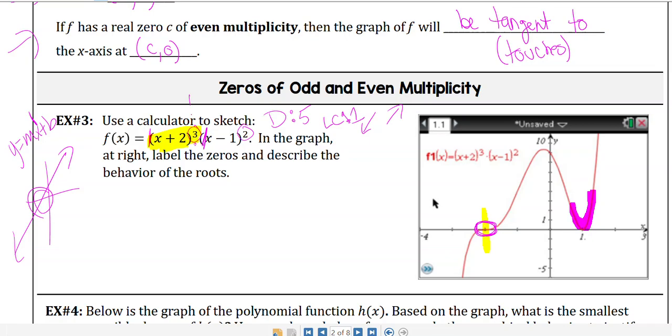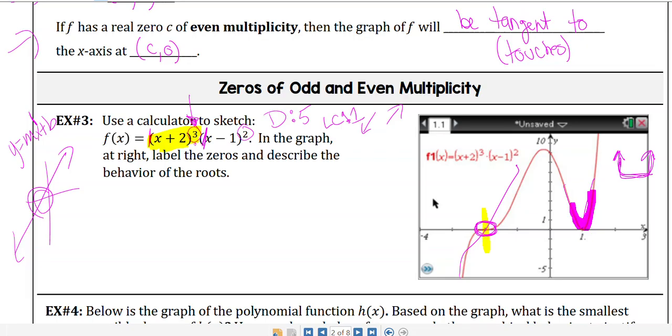That's going to tell you it's going to be a higher level exponent versus the 1. If it just quickly bounces, it's going to be a lower one, versus if it's more flat and then comes up, then it's probably going to be a higher one because of that difference in concavity. But for right now, what we want to know is an odd zero goes through it, an even zero bounces off of it.